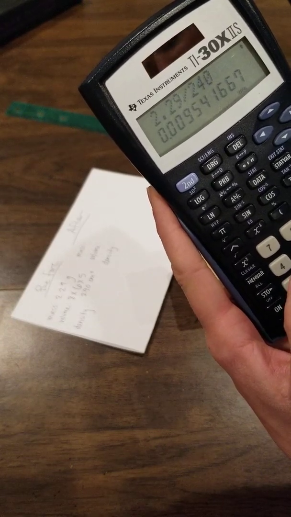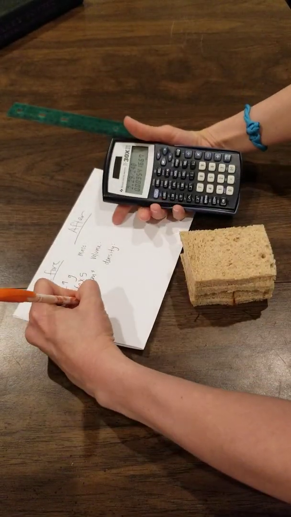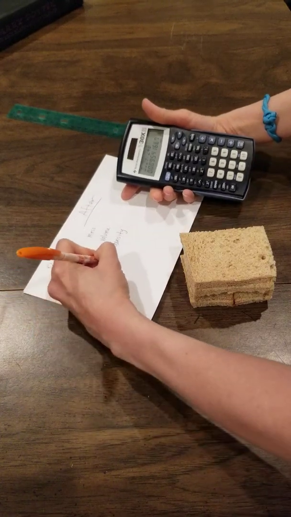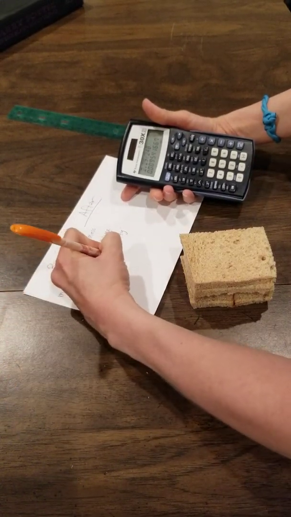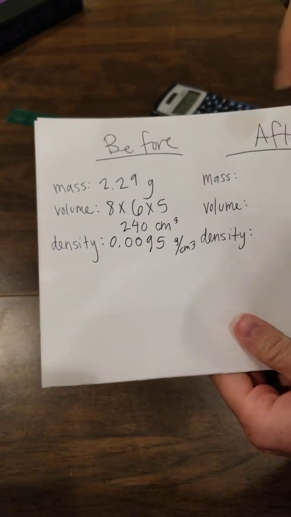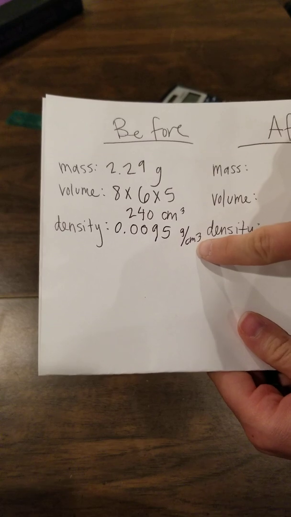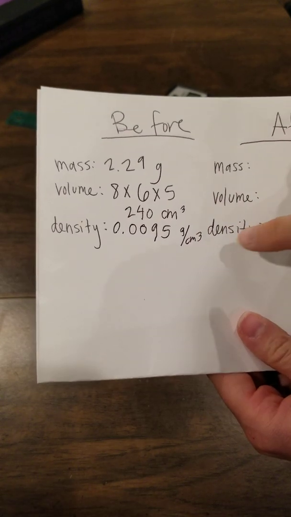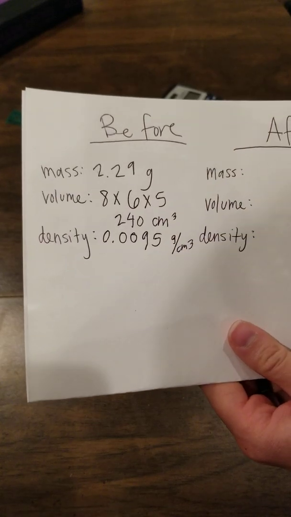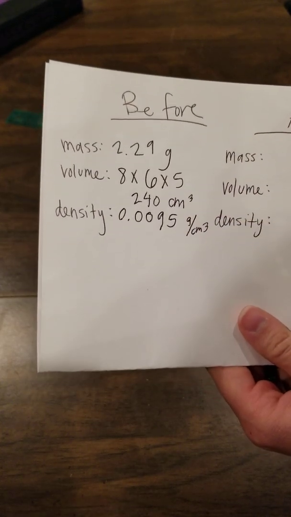There's some zeros before we even get to numbers. So let's write that down as 0.0095 grams per centimeter cubed. And there it is. And hopefully you remember too that centimeters cubed and milliliters are exactly the same. So I could have written this as well as grams per milliliter, which is the unit that you guys have been using on your worksheets.